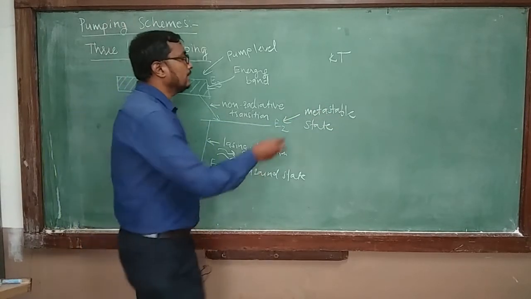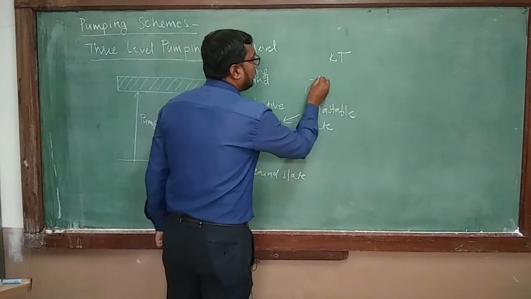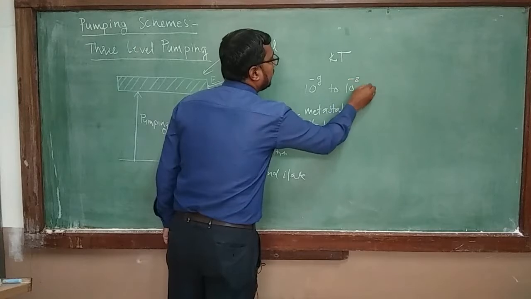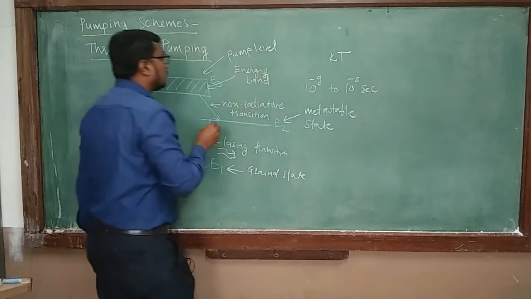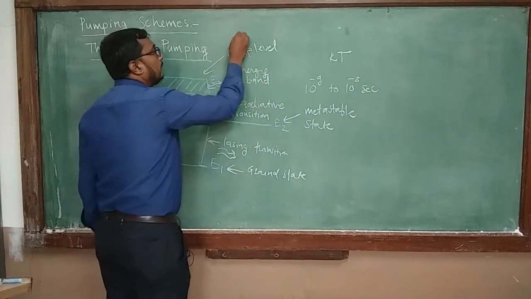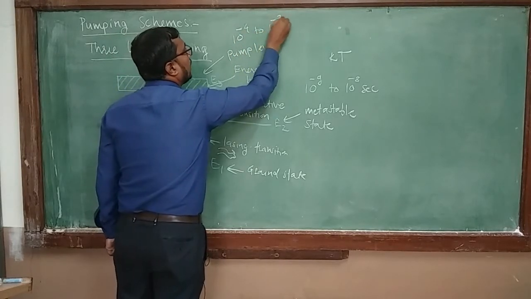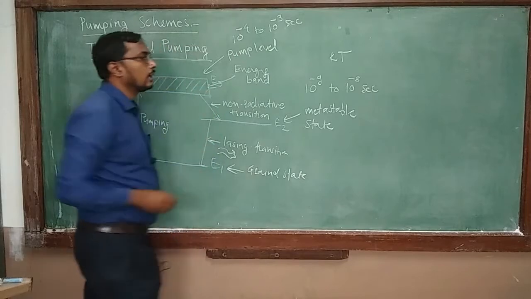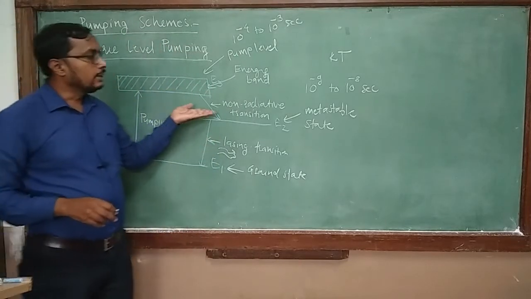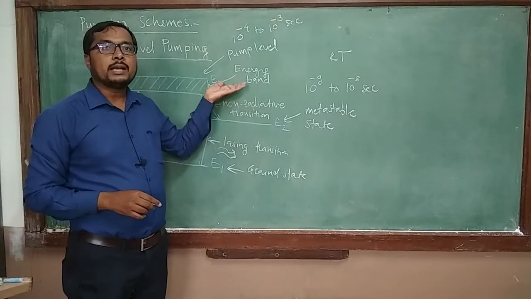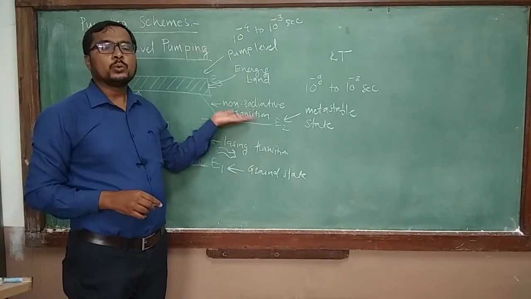Metastable state means its lifetime must be of the order of 10 raised to minus 9 to 10 raised to minus 8 second. In the case of an excited state, we know that the lifetime is of the order of 10 raised to minus 4 to 10 raised to minus 3 second. And therefore, the atoms fall from the excited state to the level E2.